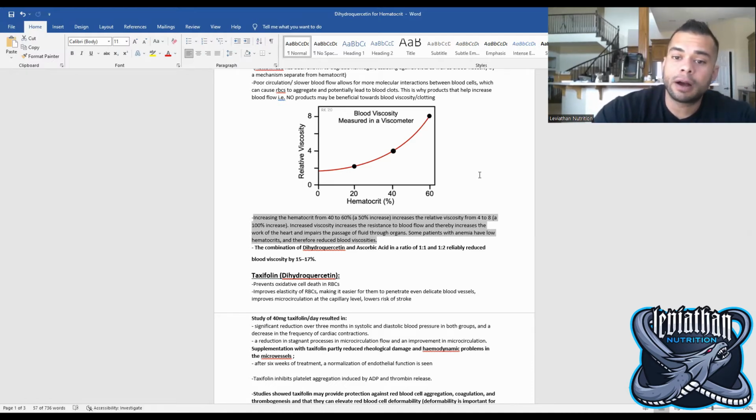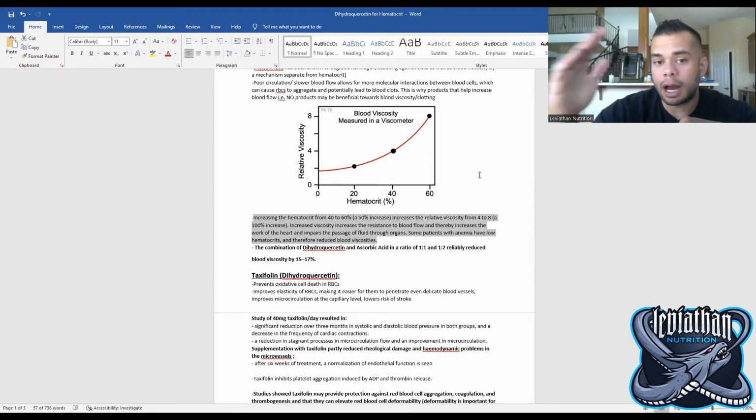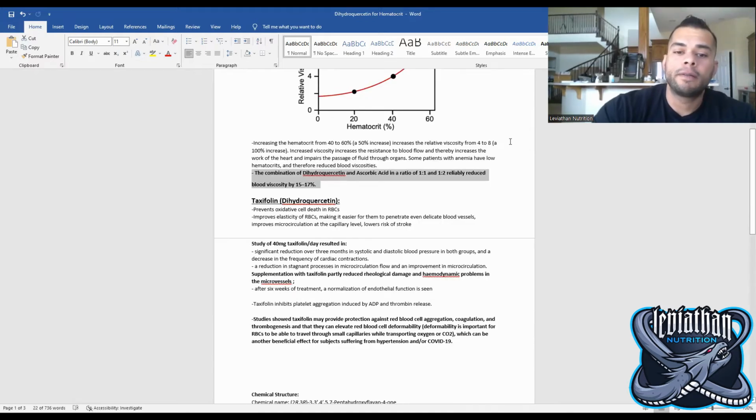Some patients with anemia who have low hematocrit also have reduced blood viscosity. So again, we're seeing some of that linear relationship that applies both ways, towards both high hematocrit and viscosity and on the low end. And here's a big take home for this ingredient, dihydroquercetin.